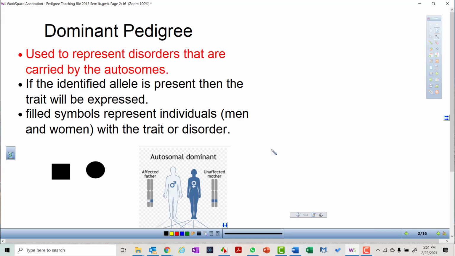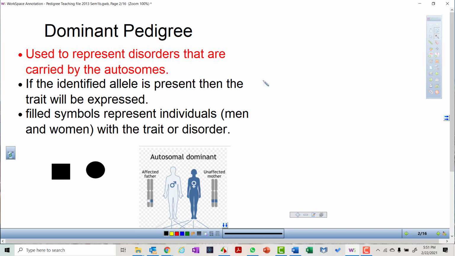There are three major types of pedigrees, and they're based on Mendelian genetics. The first one is a dominant pedigree. In a dominant pedigree, we use the filled-in square and circle to represent the fact that the person has a trait and it is a dominant trait.